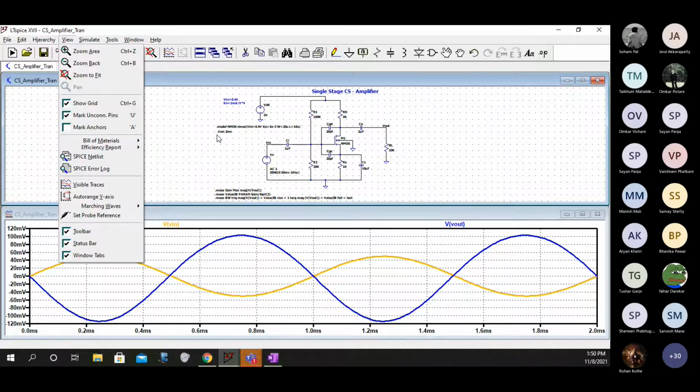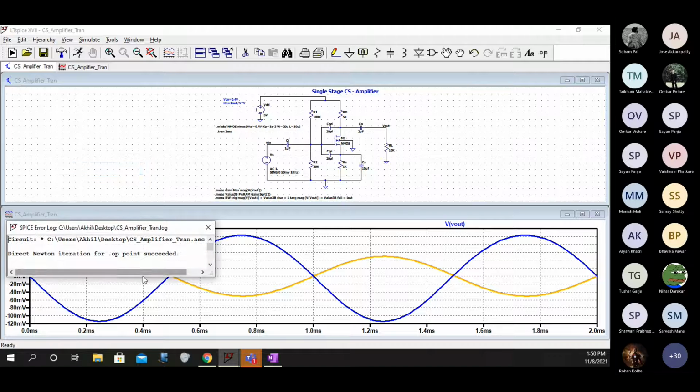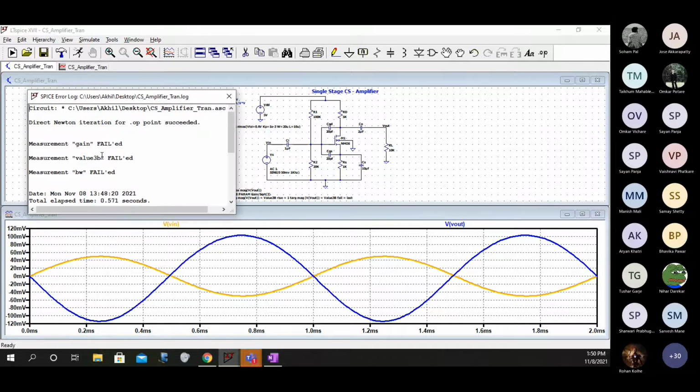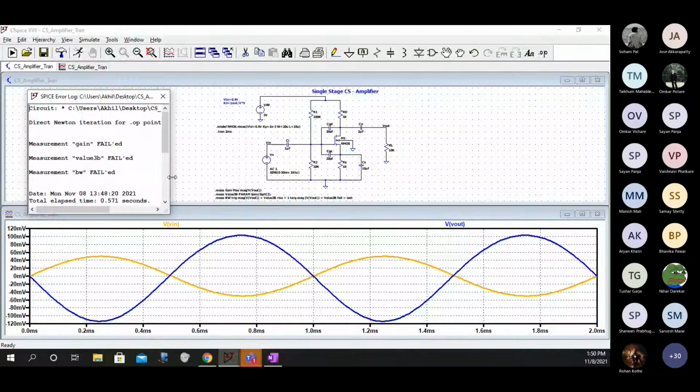And you can see when I write .tran, it gives an error here. Gain failed, value 3B failed, bandwidth failed. Why? Because this .measure command doesn't work with a .tran command. It works only with the .ac command.